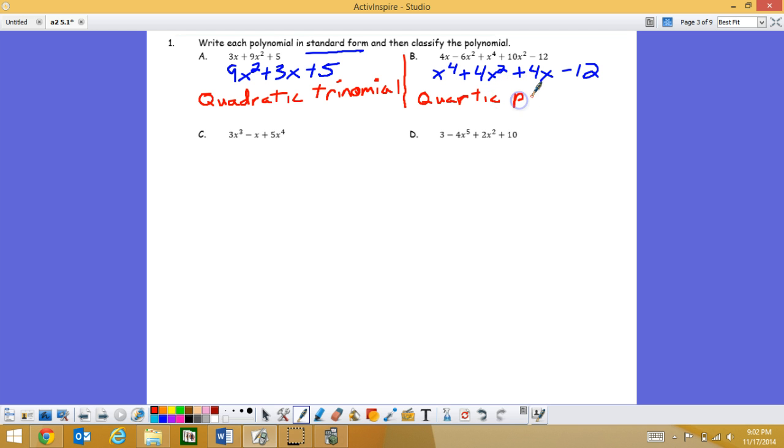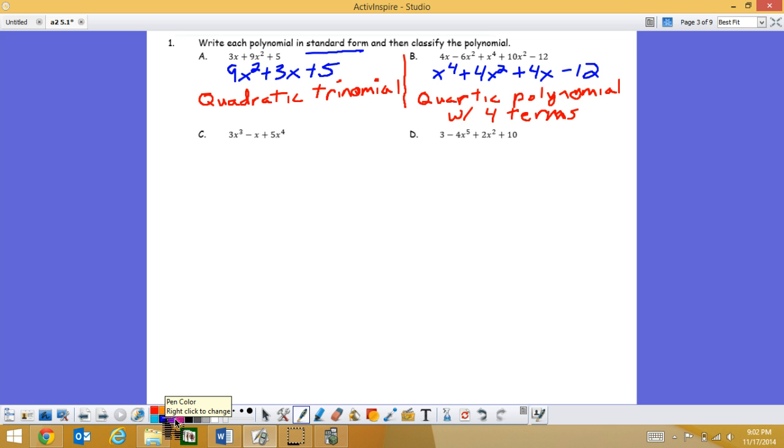So we'll just call it a quartic polynomial with 4 terms, or perhaps a 4-termed quartic. So that is classifying these polynomials.